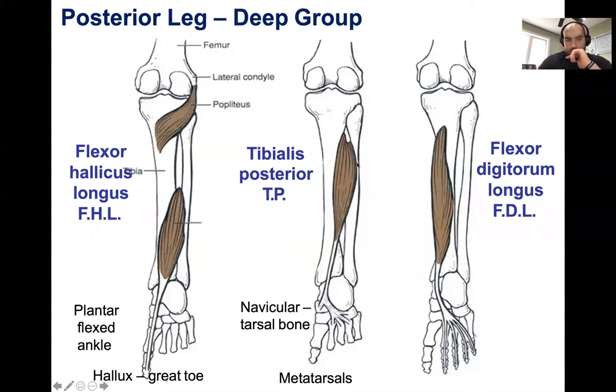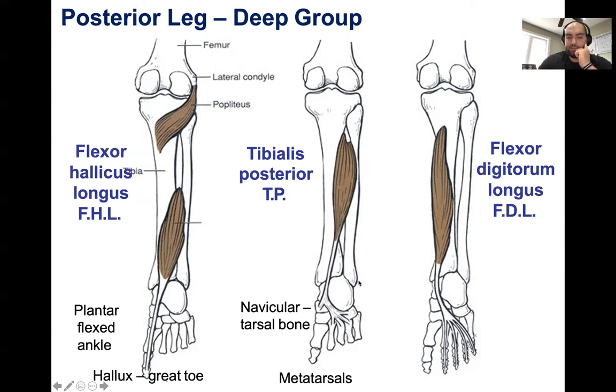Now, it takes an oblique turn medially, and it enters the bottom of the foot by crossing the medial malleolus posteriorly. Okay, so that medial malleolus is that bony prominence of the distal tibia over here. And remember, the lateral malleolus, which is what we were talking about earlier, is over here.